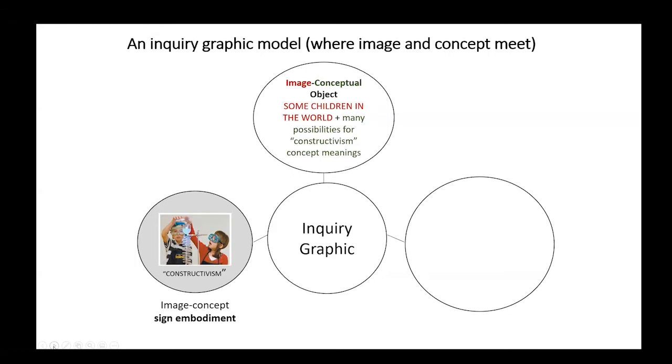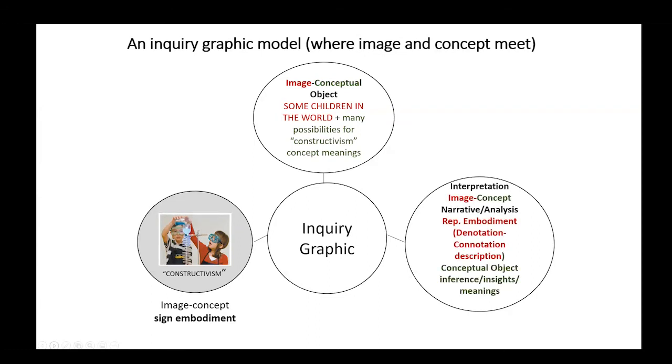You can think about all these different questions that we asked earlier when we tried to bring together images and concepts. Interpretation at this level of image-concept relatedness concerns descriptive denotation, connotation of the image, and also object inferences, insights, and meanings.